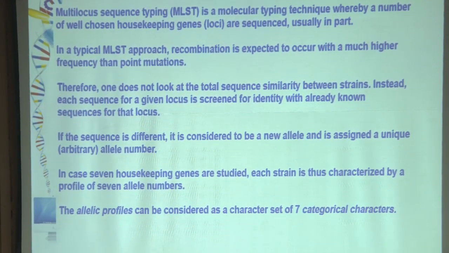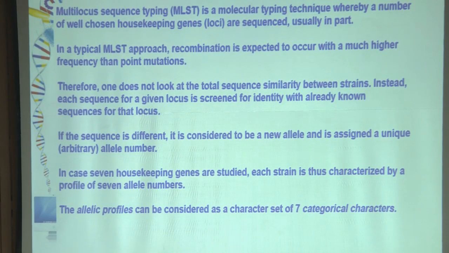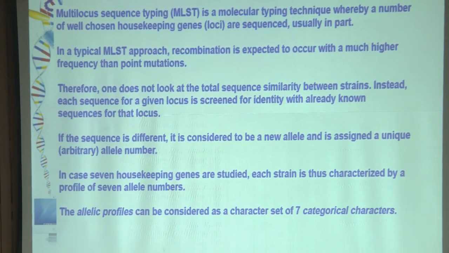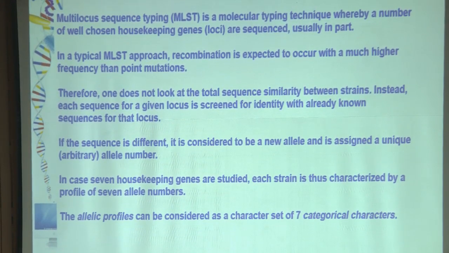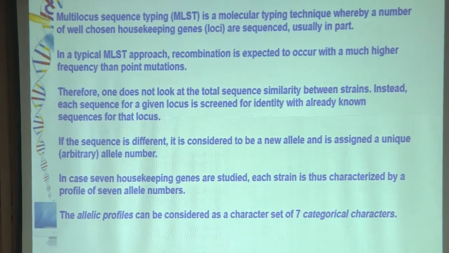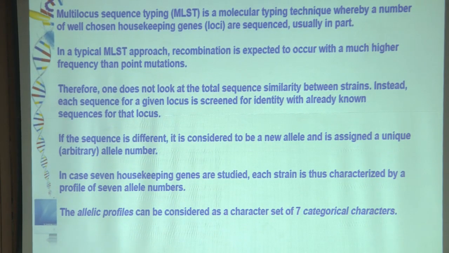It need not be same. Maybe loci 1 or gene 1, you have a length of around 600 base pair. Loci 2 may be 1200 base pair. Loci 3 may be even as low as maybe 300 base pair. So, that is your choice. That is decided by the conservation or the conserved nature of that particular loci. Okay?